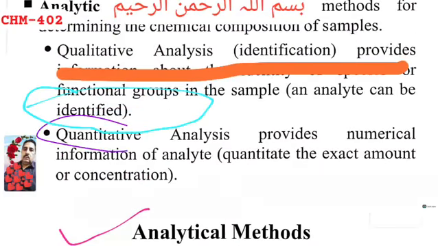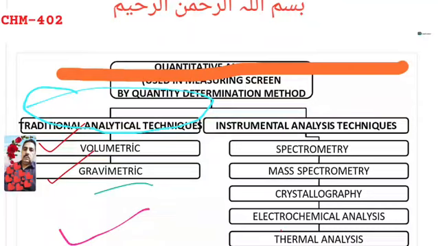The volumetric method is that in which we take a standard reagent with known concentration and react it with the unknown substance of the sample to analyze it. In the gravimetric method, we use the reaction to know how much amount of a substance is obtained.